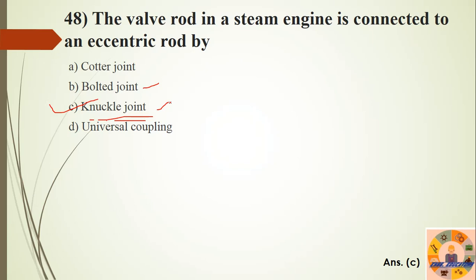And we know a universal coupling is a mechanical device that permanently joins rotating shafts in different planes. So the right option for this question will be knuckle joint, because here it is said that the eccentric rod is to be connected.